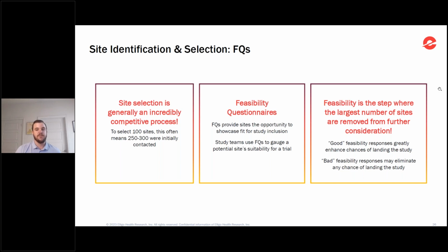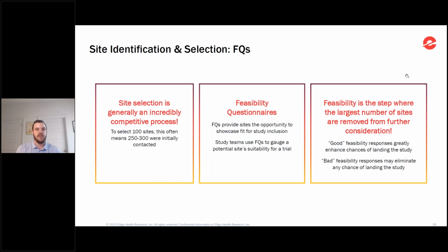Conversely, study teams, so typically the sponsor or their CRO, are using feasibility questionnaires to gauge potential sites' suitability for a trial. So with that background, the site selection process. So that's what we refer to as the process where, hey, if a study is ultimately going to need 100 sites, they begin approaching, well, it's typically 250 to 300 to ultimately select that 100 that will be conducting the study.